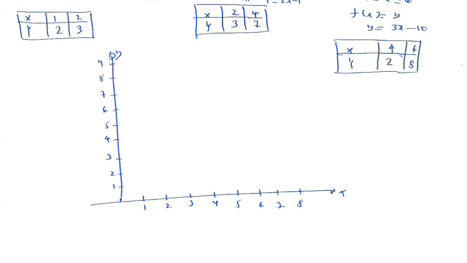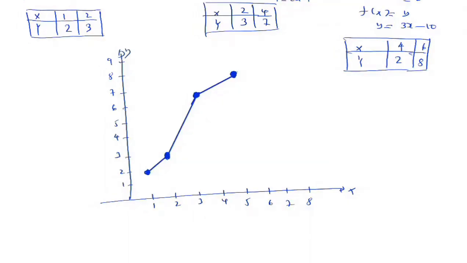Okay, so let us just label the points which we are having by drawing a shaded circle for all the 4 points which we have, and then we are just going to connect the dots, and our final sketch is going to be like this.